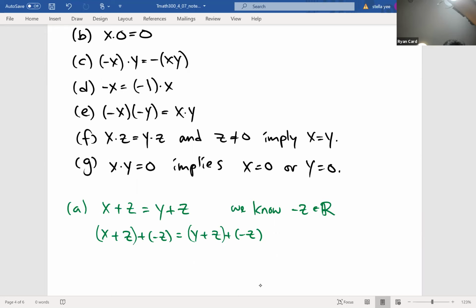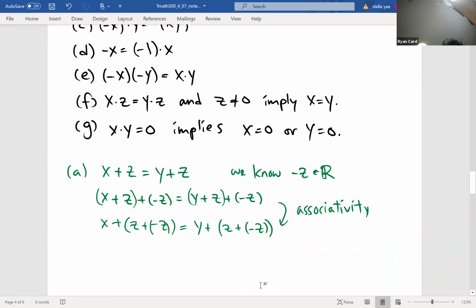And then from here, I can change the order of the addition. I'm using associativity of addition, choosing to add it in any order I like.